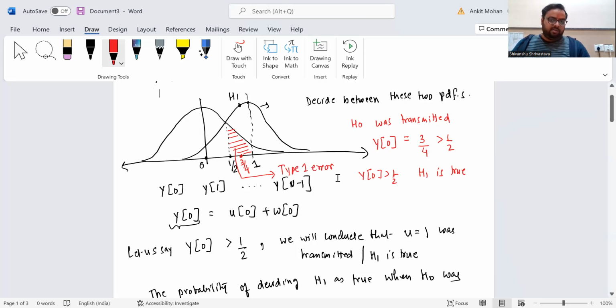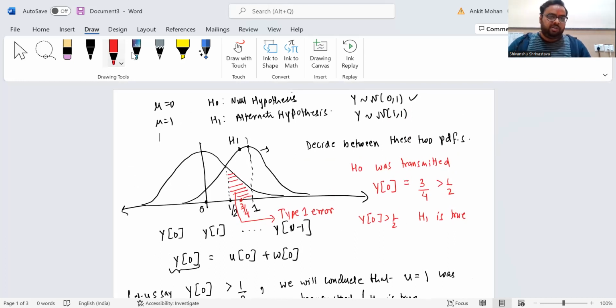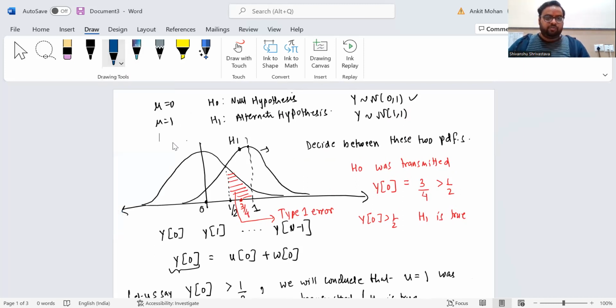Similarly, we have the other error, known as the type 2 error. Suppose that in actuality, H1 was true; that is, U is equal to 1 was transmitted.